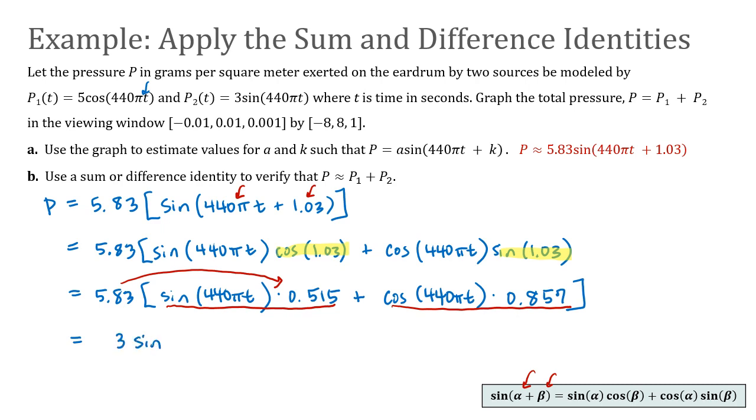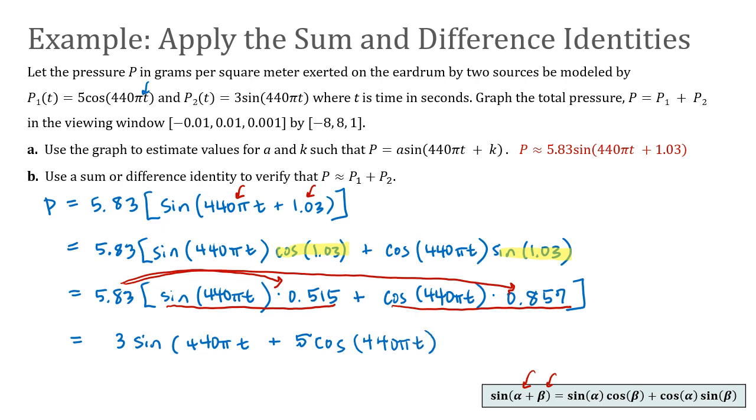So I have 3 times the sine of 440 pi t plus, now I'm going to take 5.83 and multiply it by this term, and 5.83 times 0.857 is approximately 5. So I get 5 times the cosine of 440 pi t.